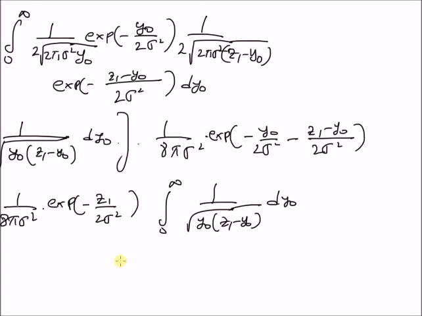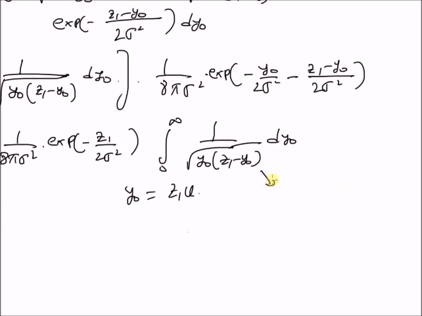Now by using a parameter transformation defined as y0 equal to z1 into u, we can easily see that this integral becomes a function which is independent of z1, as follows. Even when you use y0 equal to z1 into u, the limits won't change because they are from 0 to infinity.